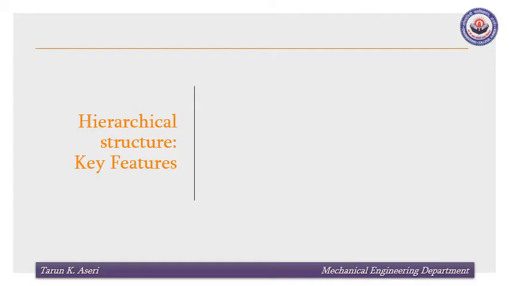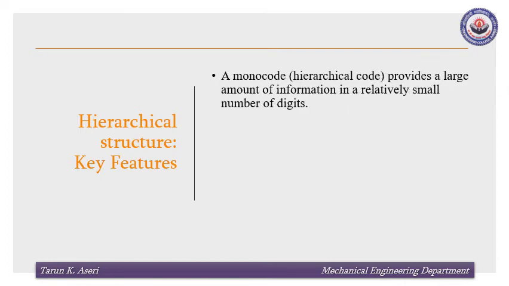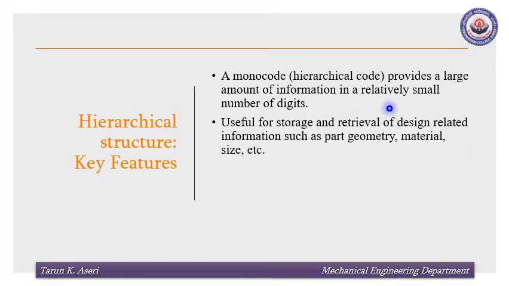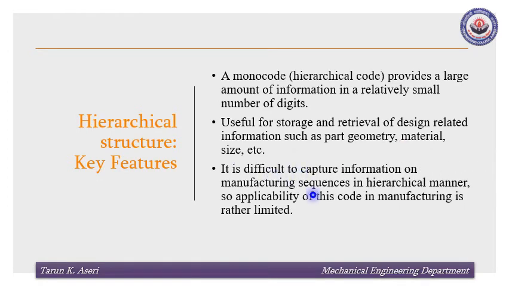Hierarchical structure has some key features, like providing a large amount of information in a relatively small digit number. It is useful for storage and retrieval of design-related information such as part geometry, material, size, etc. The drawback of this hierarchical structure is that it does not provide any manufacturing-related information.